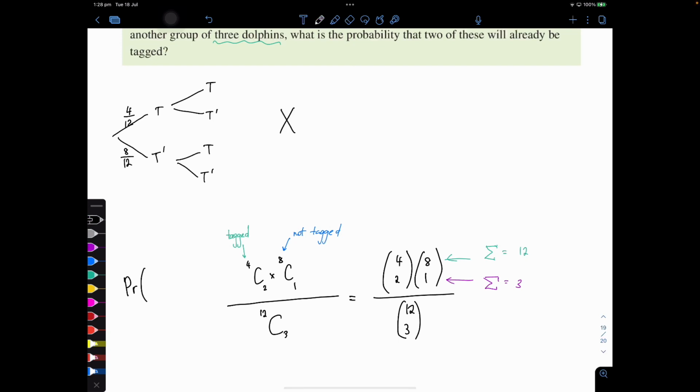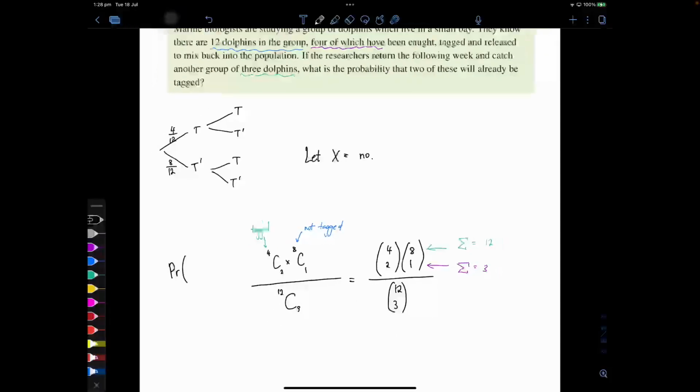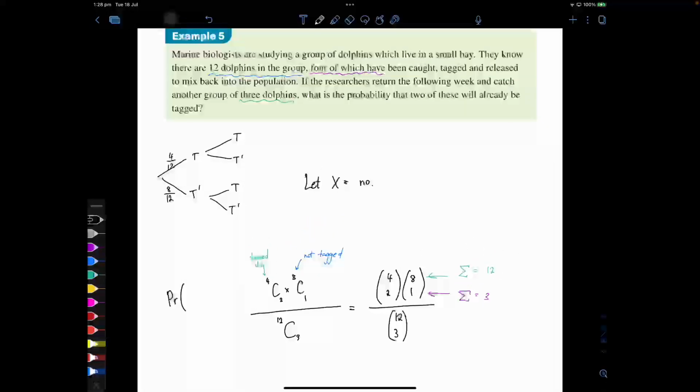Let x be the number of tagged dolphins chosen from 3 dolphins. I think it would be easier if we defined it.